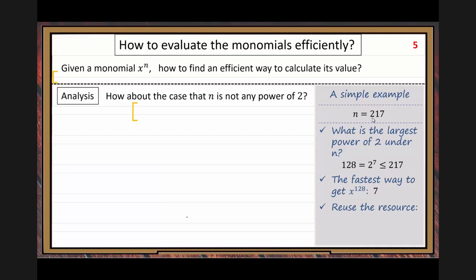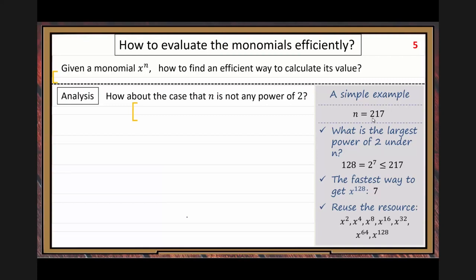When you get x to the 128th, you already pay a certain amount of cost. Here we treat the time you used, computing time, as the cost. You already pay for it, okay?